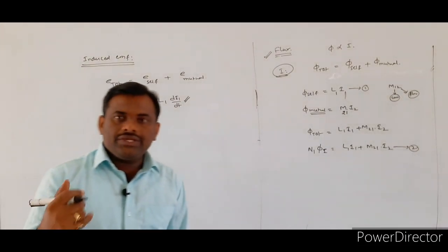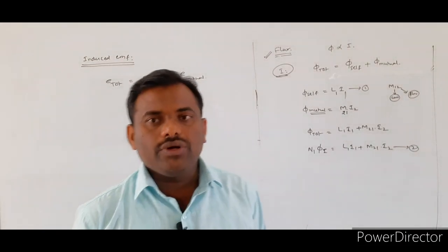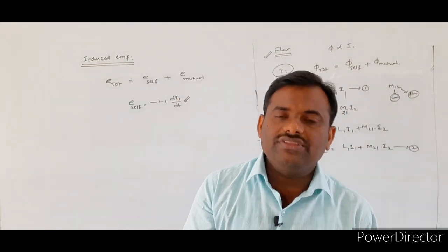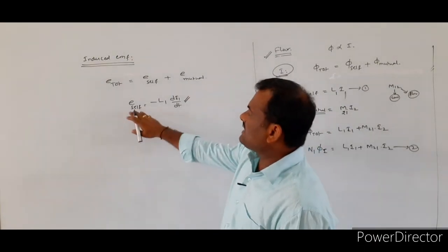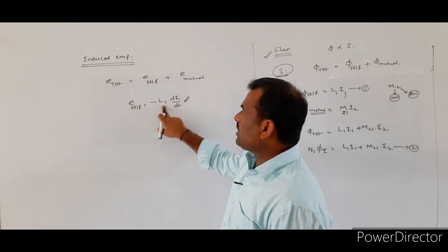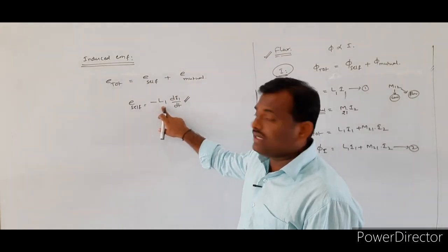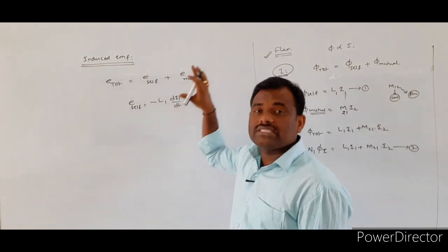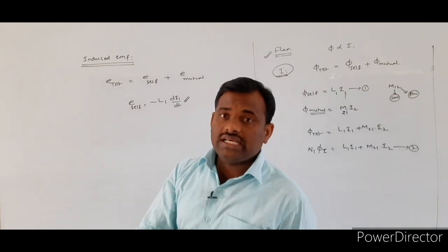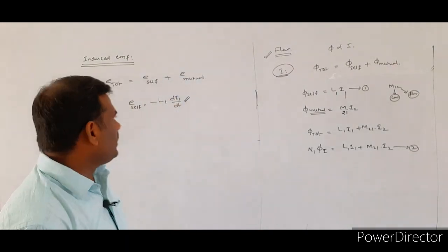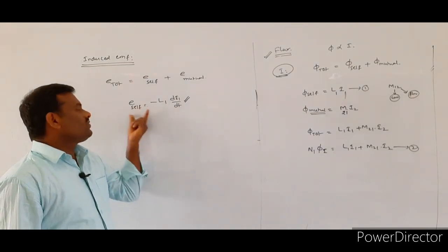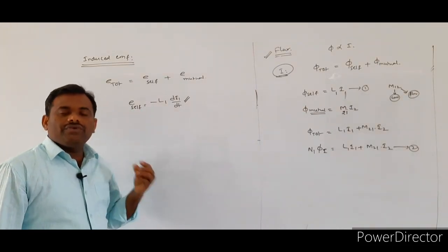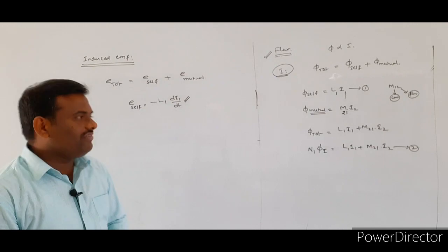So the induced EMF produced due to the self-induction of the first coil, E self-induction, is equal to minus L1 into di1 by dt, where L1 is the first coil's coefficient of self-induction and di1 by dt is the change in current in the first coil. So this is the induced EMF produced due to self-induction.